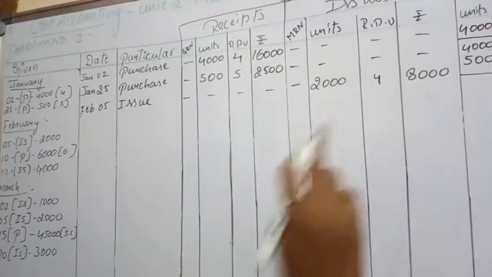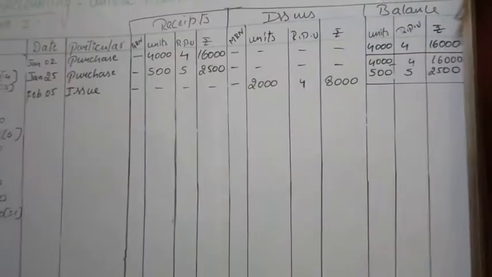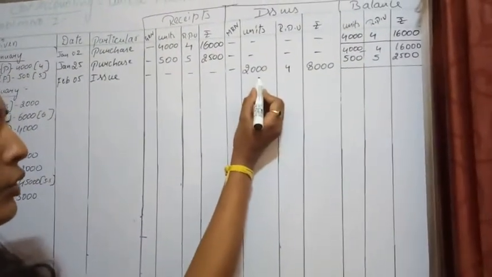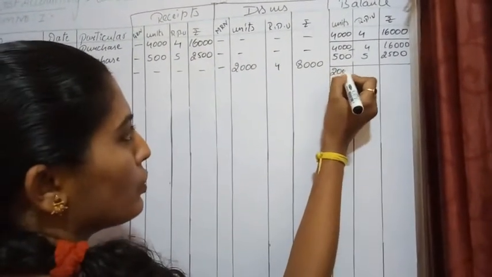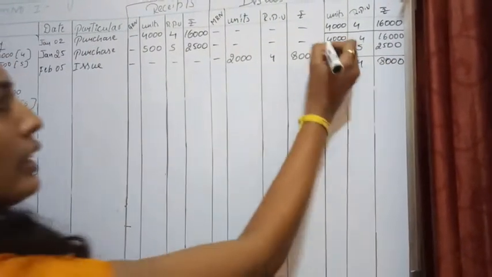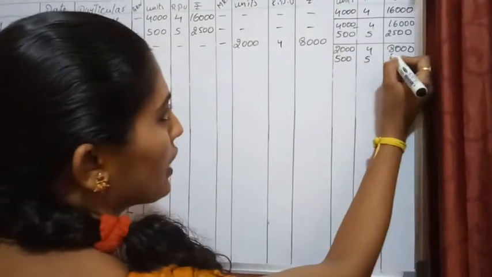I am giving directly 2,000 because I have enough material in the first lot which I purchased. So in this 4,000 I have given 2,000. The leftover is 2,000 at 4, 8,000, and the 500 I have not touched, so I will carry forward the same thing.